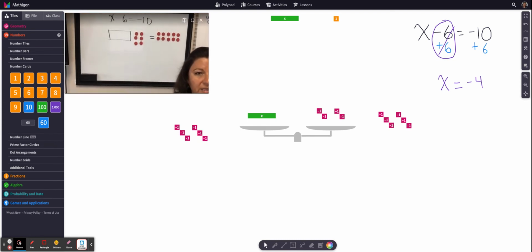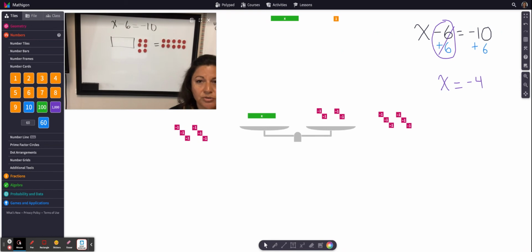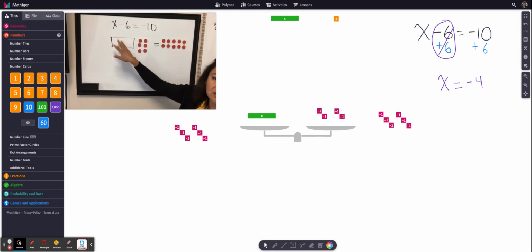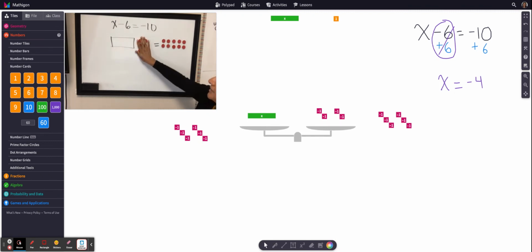If I'm using counters, and I'll show you again in a little bit over here, using some of the items that I have here. Okay, so I can think about it as x representing a box with a certain amount of things in there, a certain amount of counters. According to this, I have a box, and then I have 6 negative counters on the left side, and that's supposed to be equal to a total of negative 10 counters.